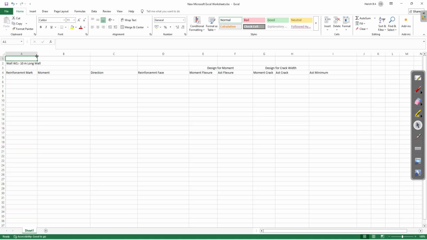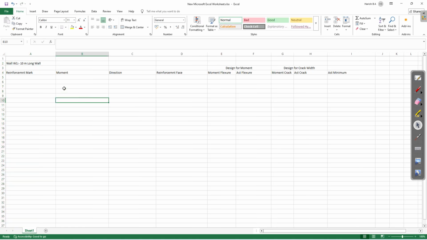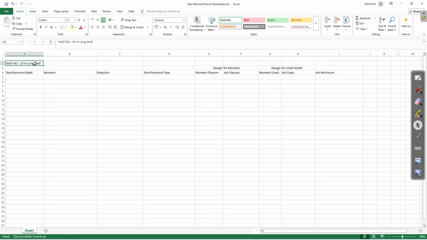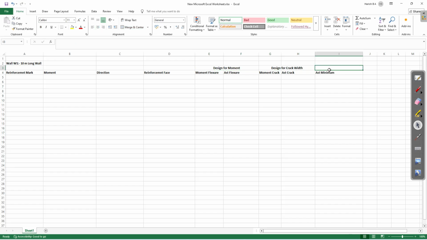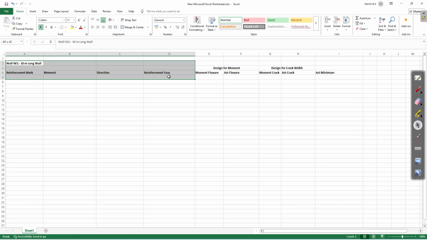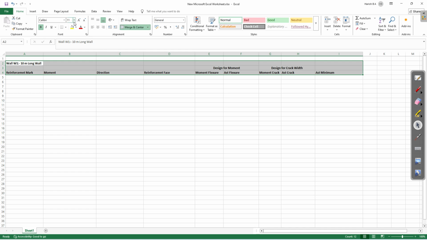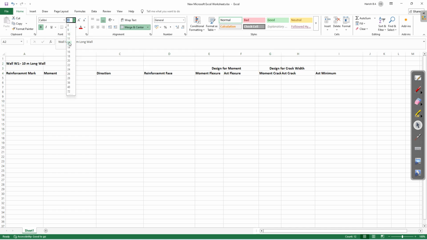You have to make a similar table for the 8-meter long wall. So I will increase the font size. Instead of 11, I will make this 12. Okay, so how many reinforcement marks do you have? 1, 2, 3, 4, 5, 6, 7, 8, 9, 10.